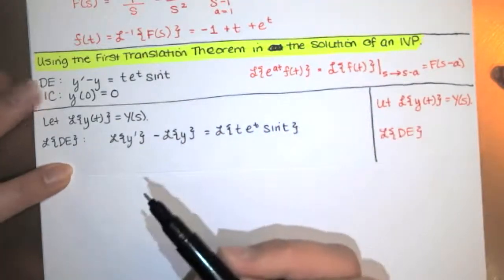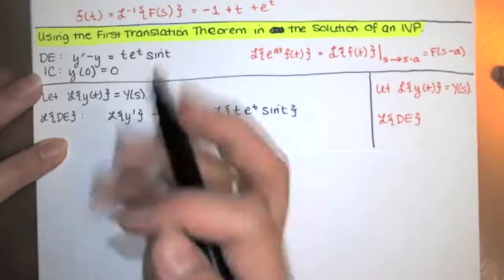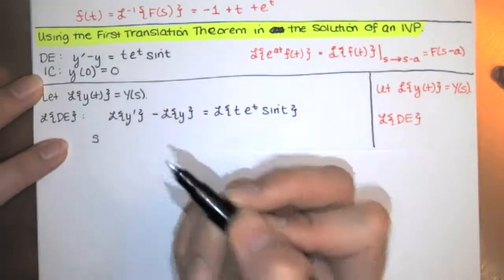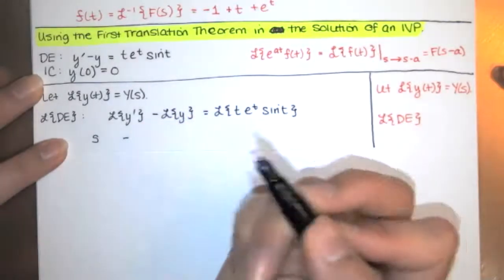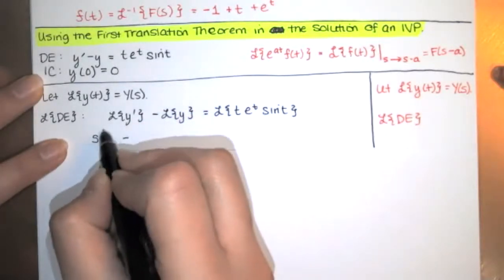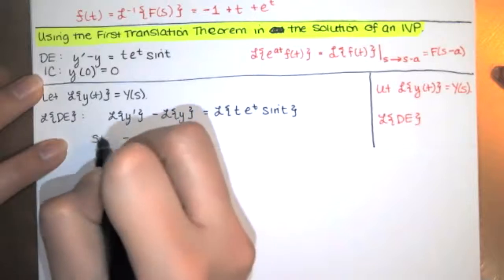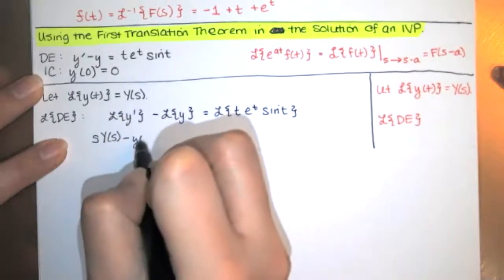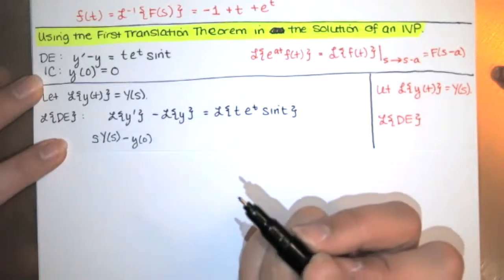Now, the Laplace transform of y prime is this. Since it's the first derivative, we start with an s to the first, and then we subtract an s to the 0 term. Now, s to the first is multiplied by the Laplace transform of y, and then we start at little y at 0 right there.